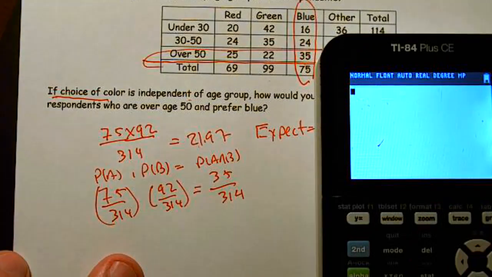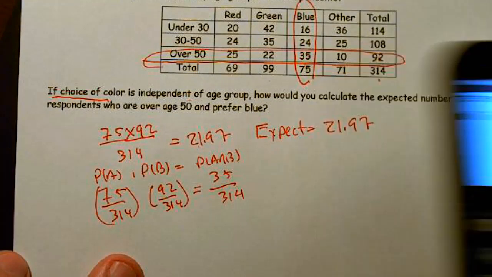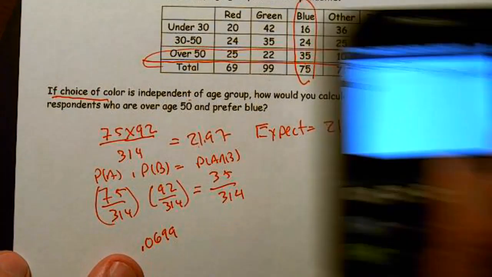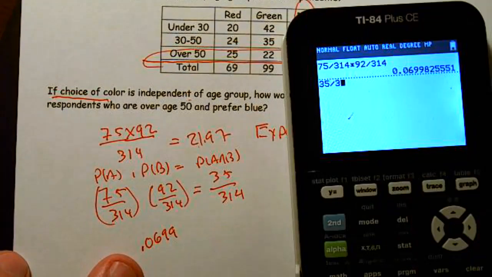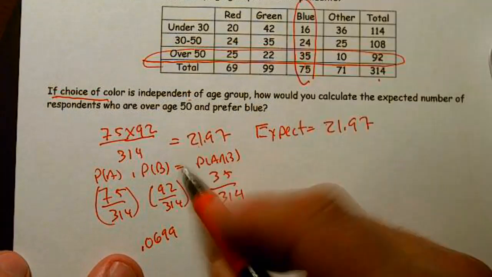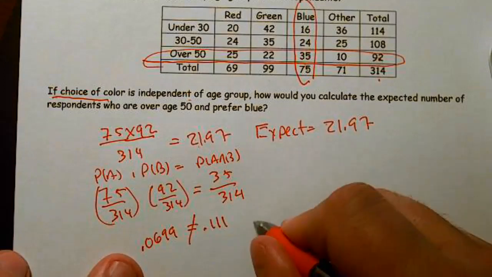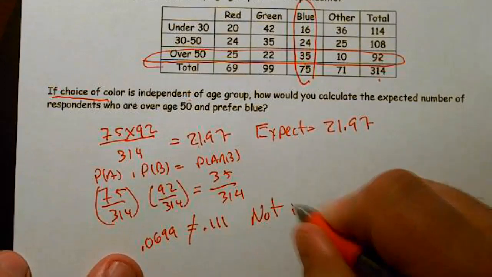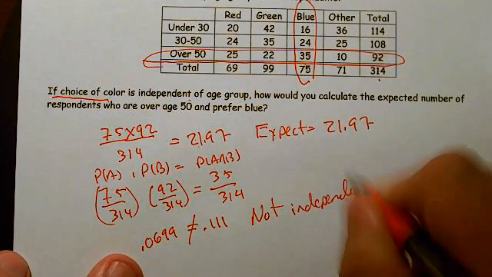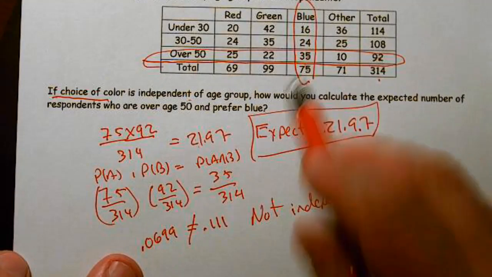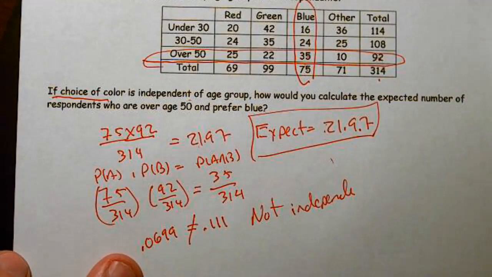So let's do this real quickly. 75 divided by 314 times 92 divided by 314, and we end up getting 0.0699. And here we went 35 divided by 314. We're like, oh, no, these are not equal. Therefore, not independent. Now, it didn't ask me if they were independent. What it asked me to find was the expected value, which was this. And I could look at the expected value and go, you know what, it's not the same, so not independent. It's not really close. All right, thank you.